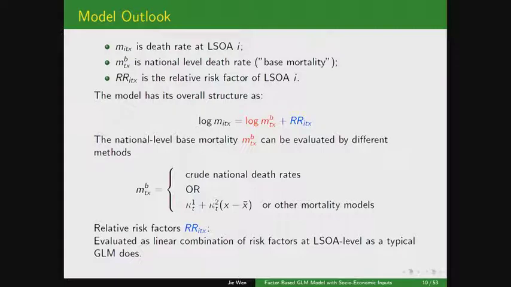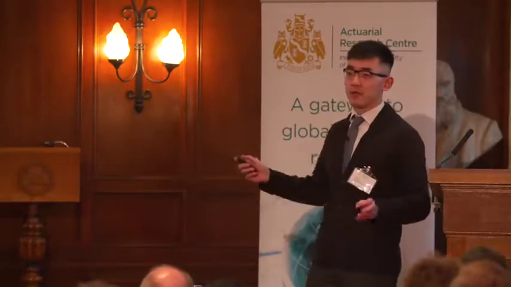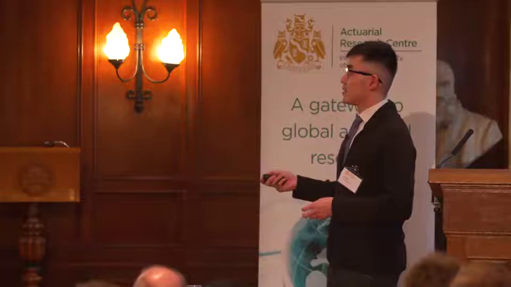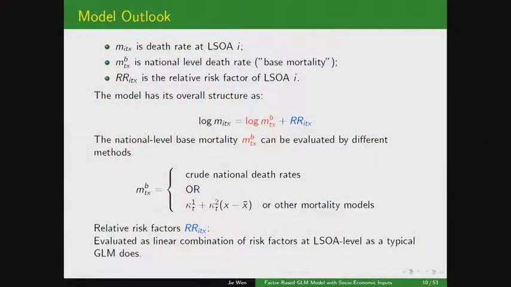This is the CBD structure. It takes into account the time varying factor over time, and both of the kappas here are common over all RSOEs, so that describes the overall national level. The relative risk factors RR_ixt, in our analysis, are evaluated as a linear combination of different socioeconomic factors, like a GLM predictor.